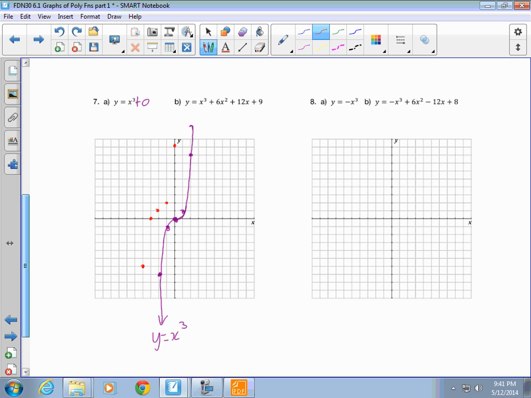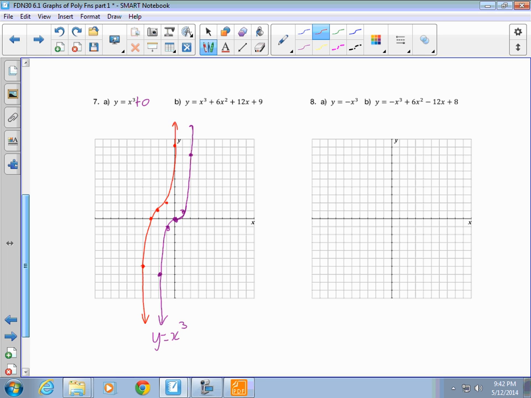Because it's over 2, up 1. So over 2, up 1 got me that one, and this one here was over 2 and up 1 from there. So my graph behaves like so.